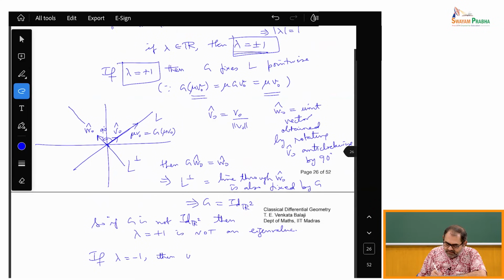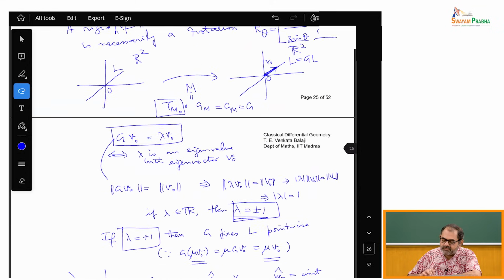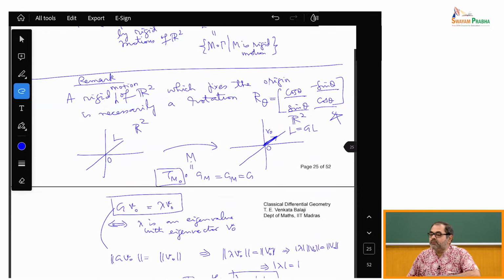So I want to say that if lambda equal to minus 1, then we can see that G is rotation by 180 degrees. And of course, in this rotation matrix, if you put theta equal to pi, that is the 180 degree rotation.